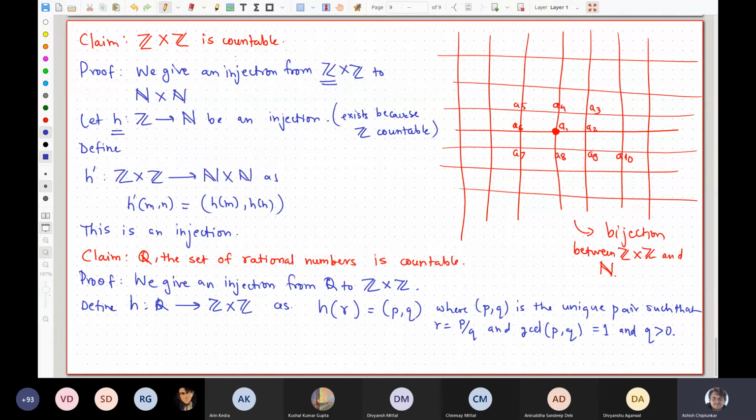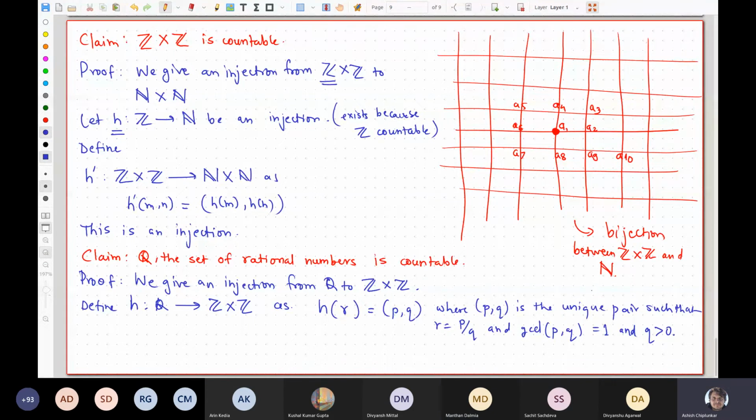What if P is 0? What if P is 0? So this is a question to whom? I don't understand. There is no problem if P is 0, no? Then GCD would not be 1. Then GCD would be Q. Then we can only take P by Q as 0 by 1. Oh, I see, that's what you're saying. Hold on.